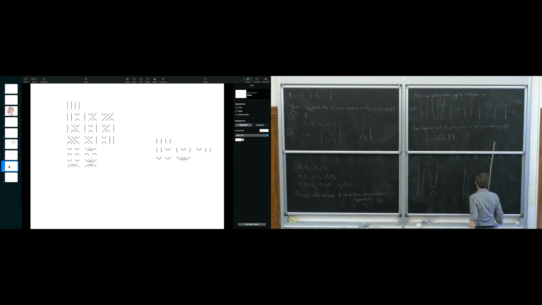Thank you. If I do this, then I obtain one of the diagrams that I have on the left. Okay. So in fact, the number of diagrams on the left is always going to be the square of the number of diagrams on the right.